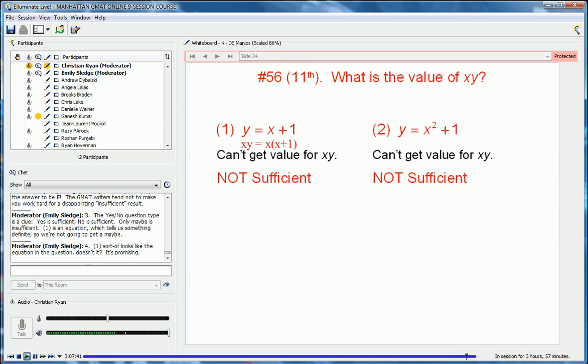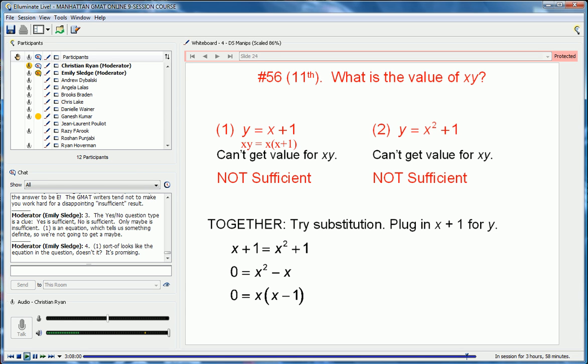This is a case where you do get it down to C or E, and then putting them together is the hard thing. Since both statements equal y, I can just set them equal to each other.